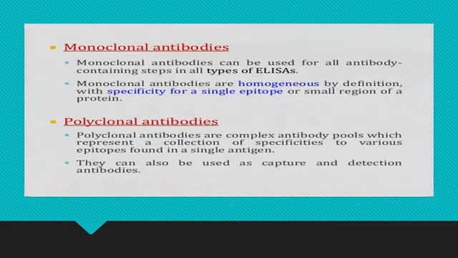So as we mentioned in the previous slide, the monoclonal antibody can be used for all antibody-containing steps in all types of ELISA technique. Monoclonal antibodies are homogeneous by definition, with a specificity for a single epitope or small region of the protein.